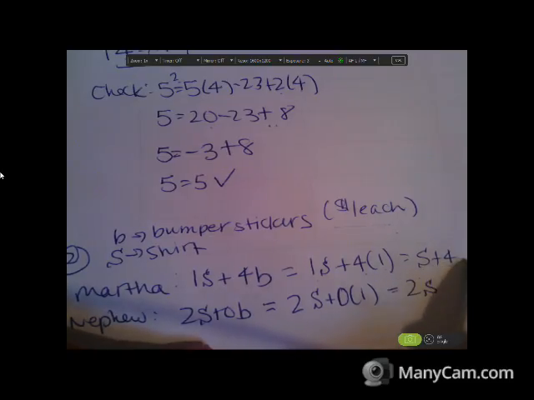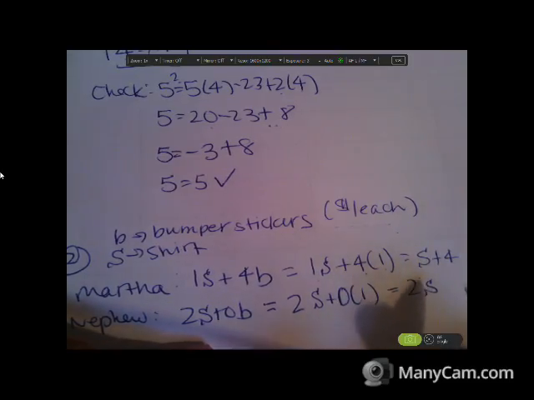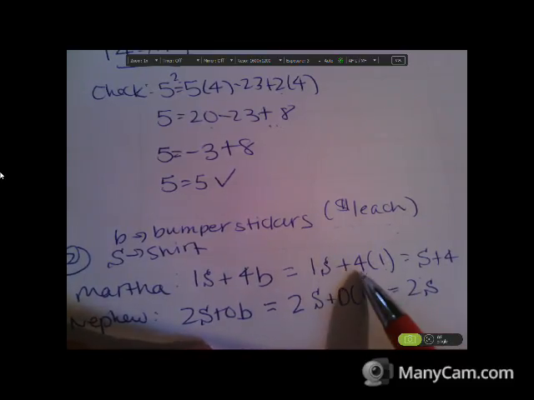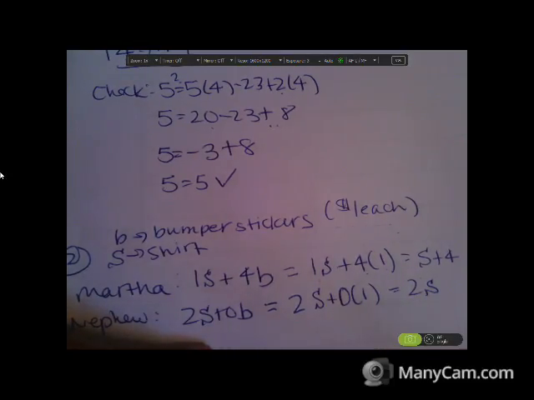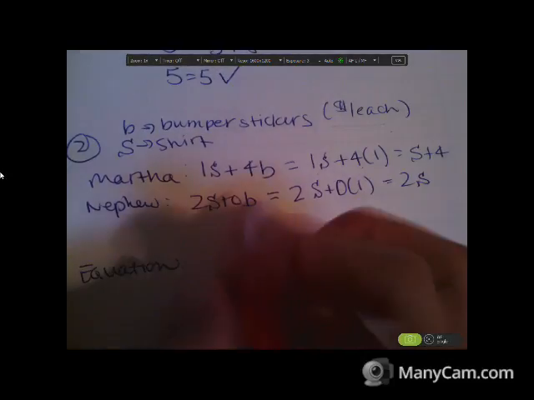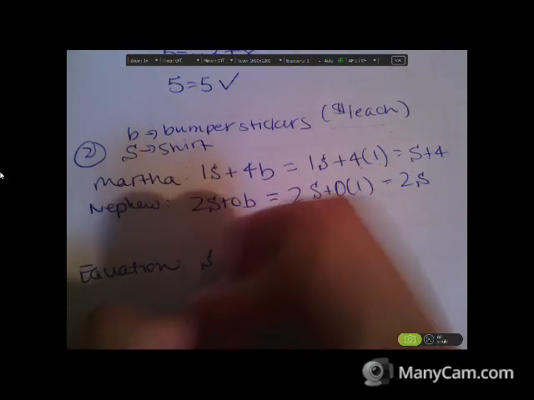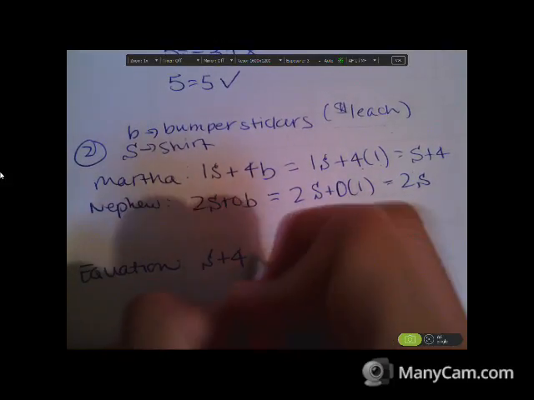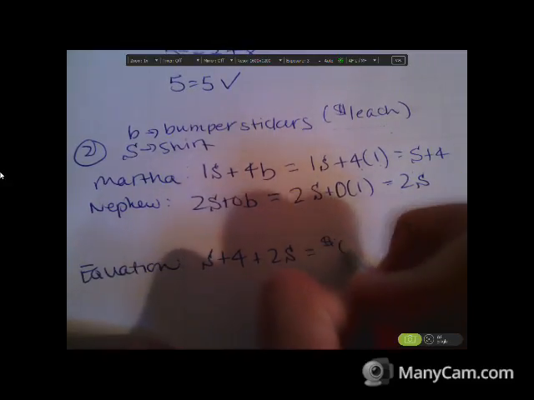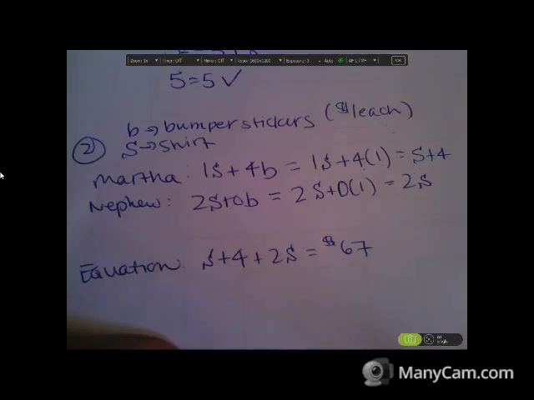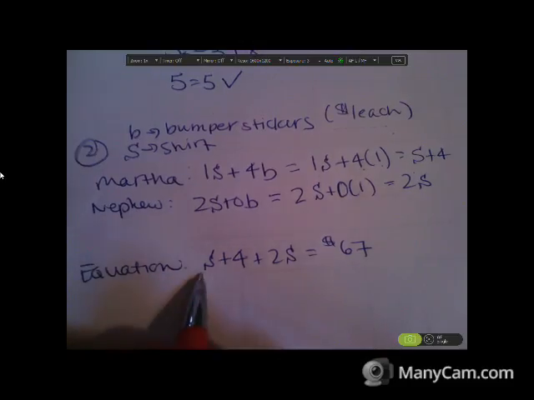Alright, so she spends a total of $67. We already took into account paying for the bumper sticker. So now we have to plug it in to find out how much each shirt costs. So let's see. She spent s plus 4 plus 2s equals, and how much did she spend? $67. Now I see an s here.